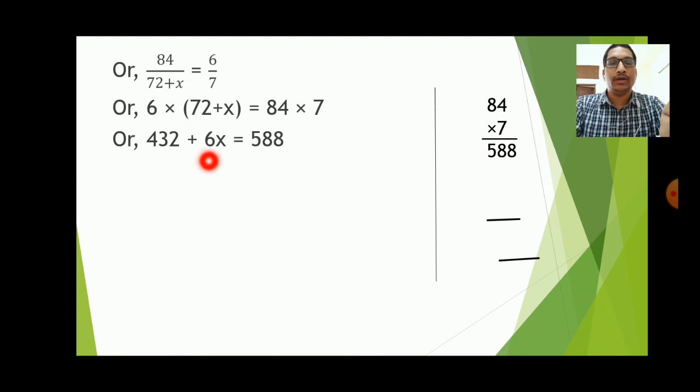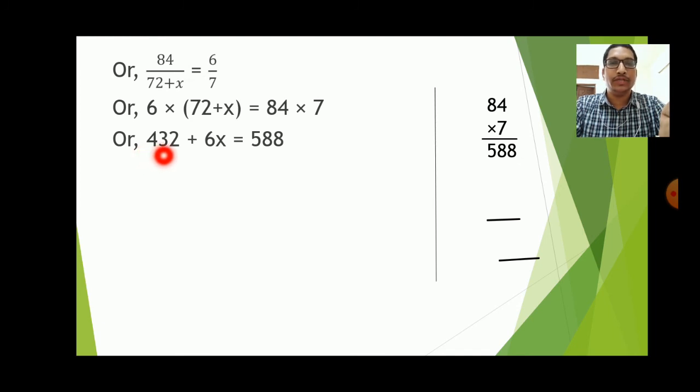Now look here, we need only the value of x. So this 6x we will write on the left side, and this 432 we need to move from the left side to the right side. Its sign is plus, at the beginning plus, no need to write.